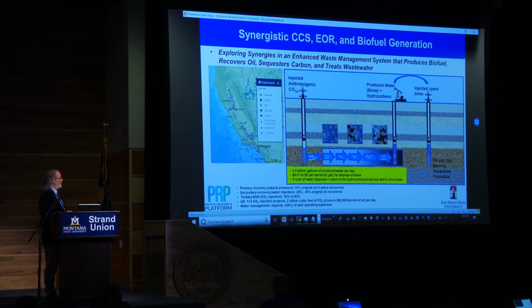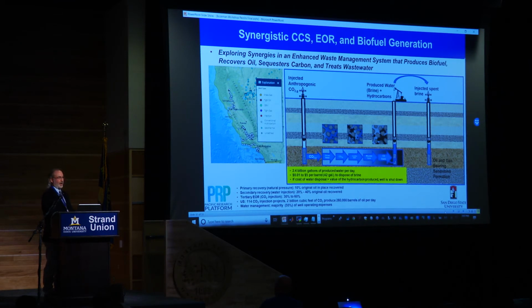That CO2 gas pushes this effluent downstream, dislodges oil, and pushes it towards a well downstream called the production well. Out of the production well comes the oil that was dislodged, but what also comes out is a lot of brine water. All the water that's pushed towards the downstream well comes out too. For every 1 barrel of oil that gets produced, it generates 10 barrels of water.